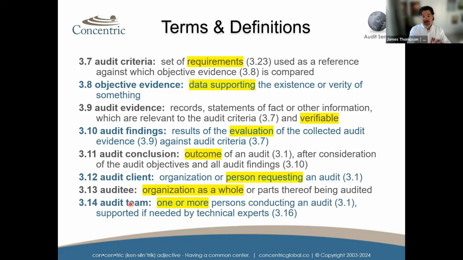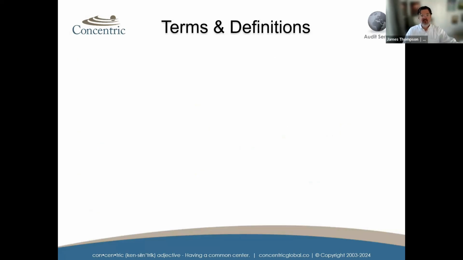It could be 1. Ideally, you have more than 1 if you have the bandwidth as an organization to support that. But the idea is it's 1 or more persons conducting an audit, looking at the criteria, looking at the evidence. An auditor is the person who conducts the audit.